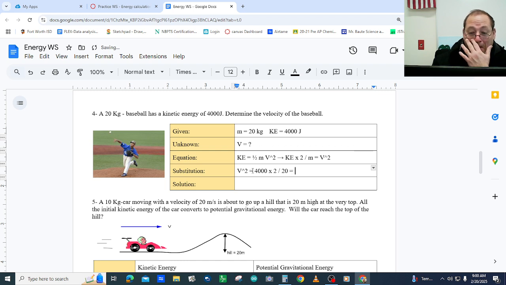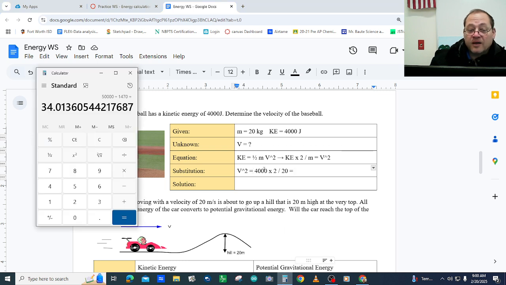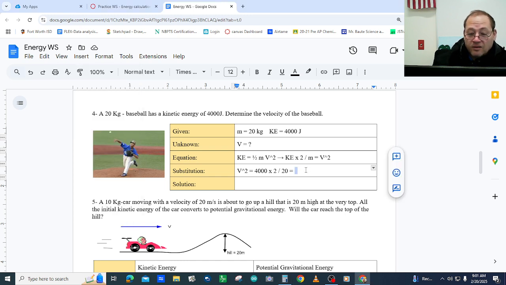Okay? That is 8,000 divided by 20. Correct? So 8,000. Why 8,000? Because it's 4,000 times 2. 8,000 divided by 20 is 400. So you get 400 meters squared over second squared.